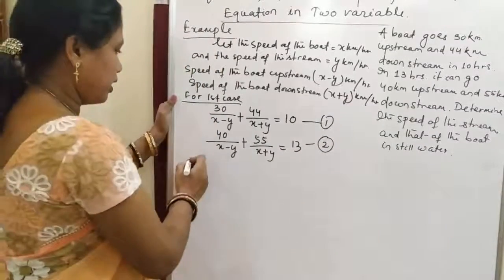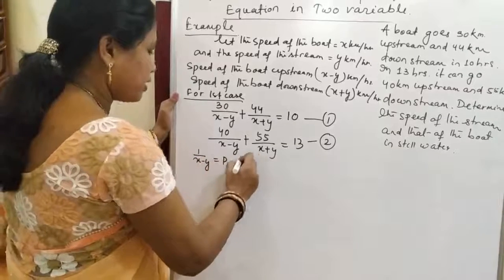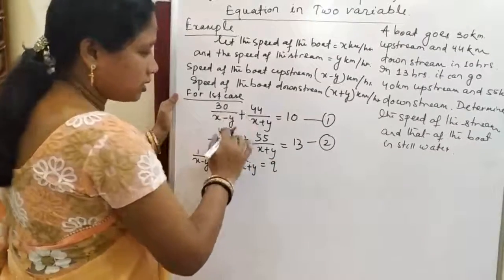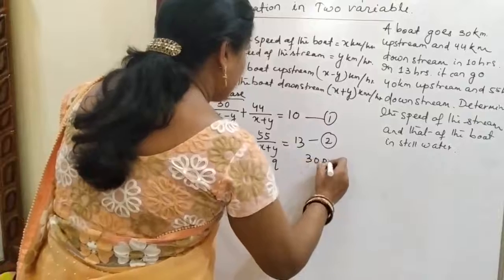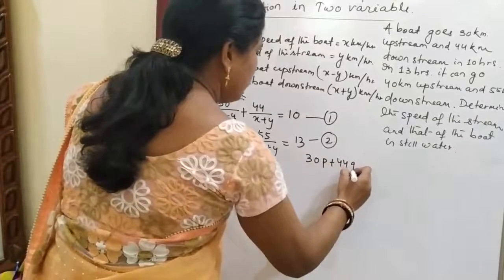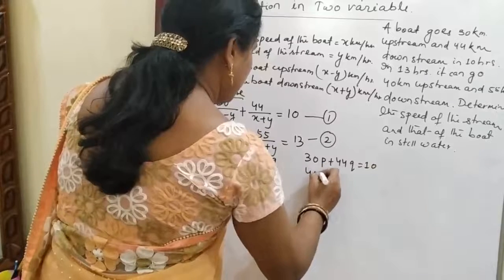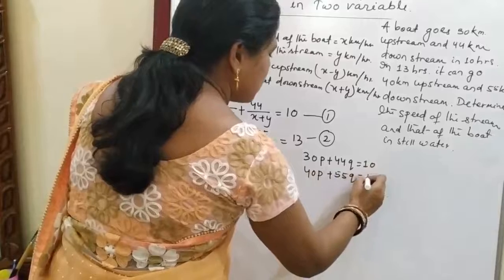So here you take 1 by x minus y as p and 1 by x plus y as q. So these equations become 30p plus 44q is equal to 10, and 40p plus 55q is equal to 13.